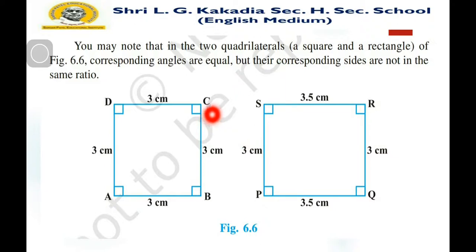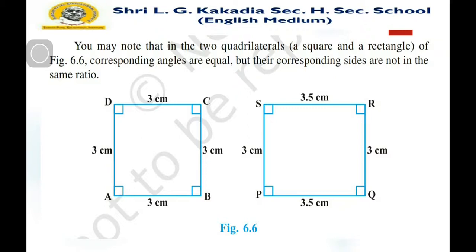First condition is satisfied, but their corresponding sides are not in the same ratio. Here you can see that AB upon PQ is 3 upon 3.5, and BC upon QR is 3 upon 3, which is equal to 1 over 1. Then you can see that the second condition is not satisfied. So we can say that both quadrilaterals are not similar.